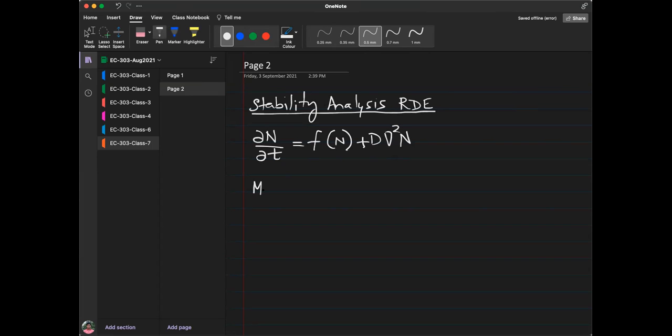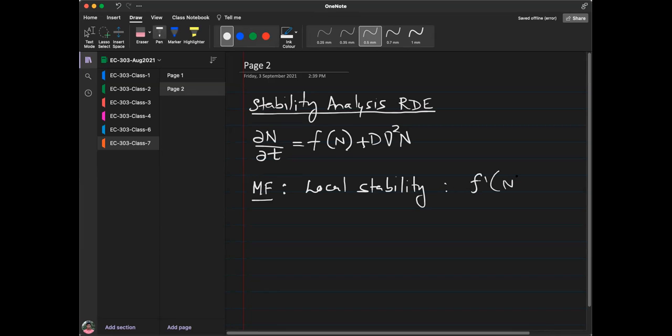So in the mean field, how did we define local stability analysis? The local stability criterion was that f prime of n star was less than 0, right? Now, what does this mean?